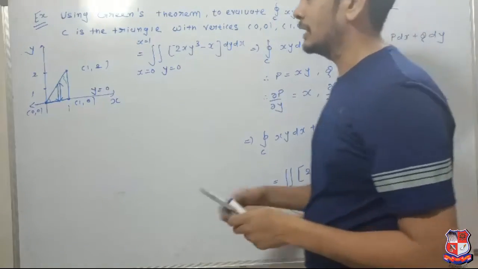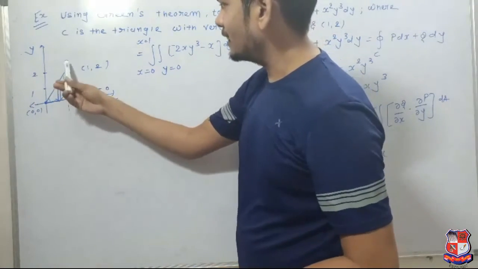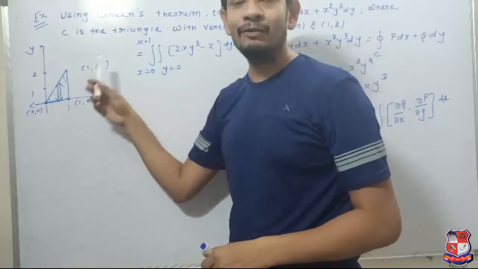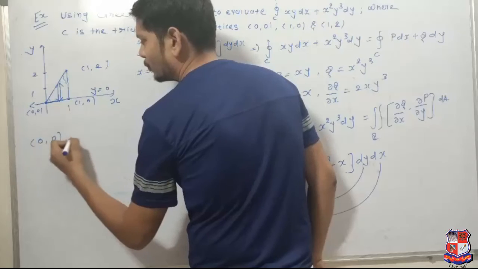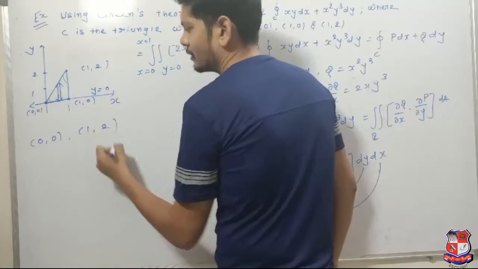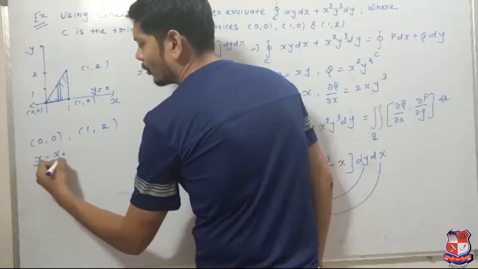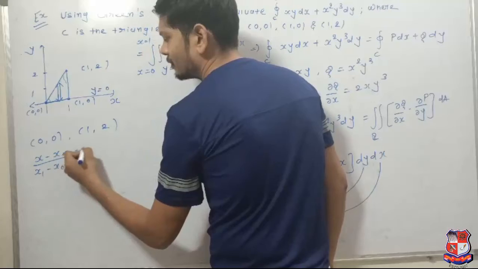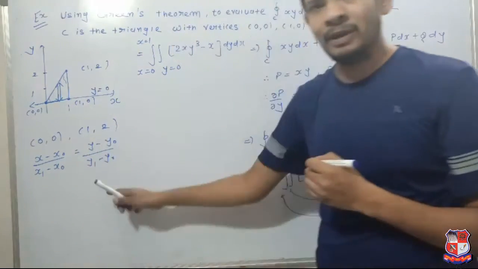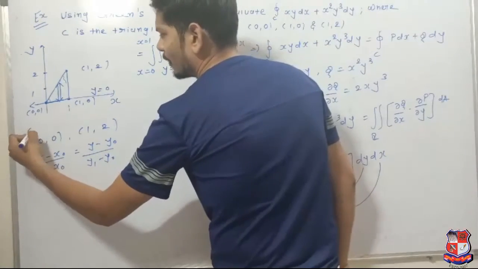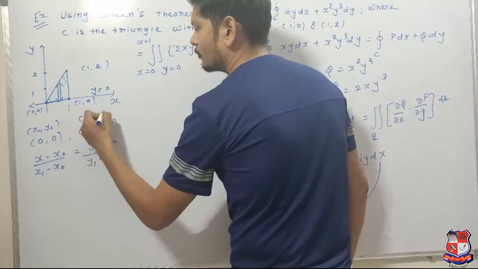Now next, it touches this line. So what is this line? This line is connected by 2 points 0, 0 and 1, 2. So now the formula of a line connected by 2 points: x minus x0 upon x1 minus x0 is equal to y minus y0 upon y1 minus y0. Let me use this formula. So these are x0, y0 and this one is x1, y1.